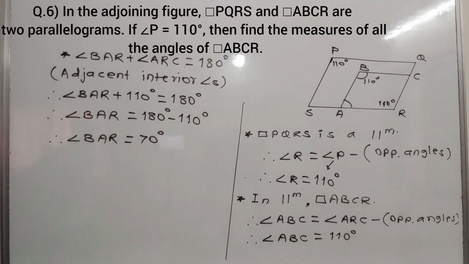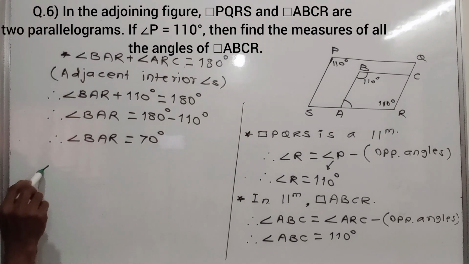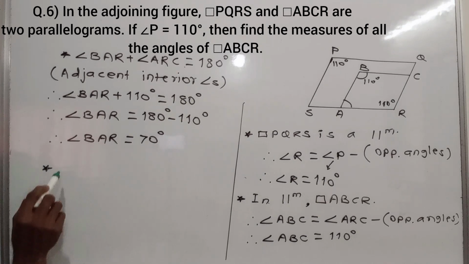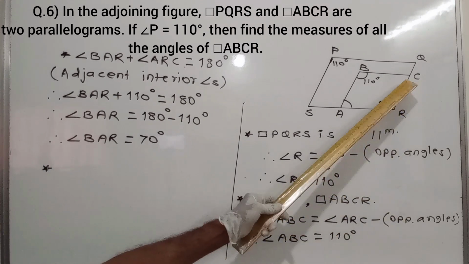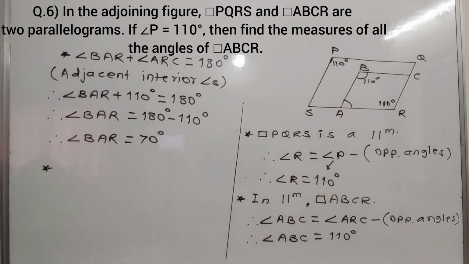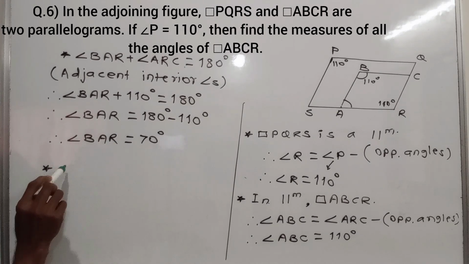Did you get it? Now, next and last. See this. Angle C and angle A are opposite angles and those are congruent, equal in measure.